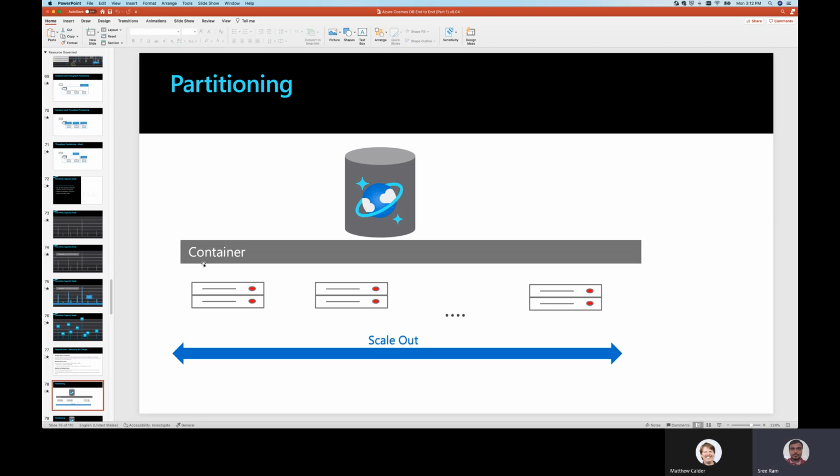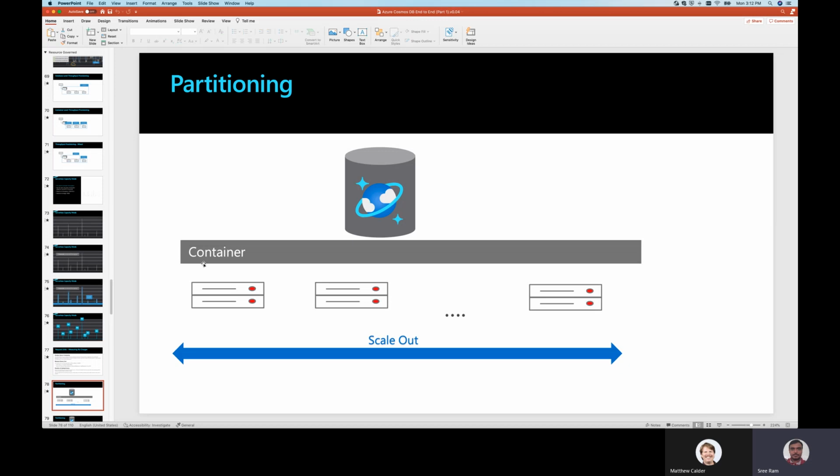So partitioning. What is a partition? A container can contain many partitions. Partition is the mechanism of scale out. For example, let's say you have a partition, and you are storing certain records in that partition. And let's say the partition exceeded its capacity.